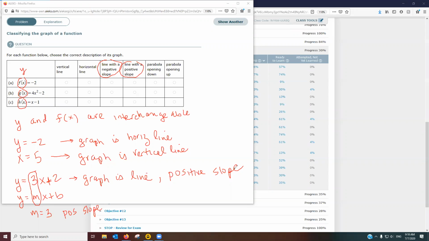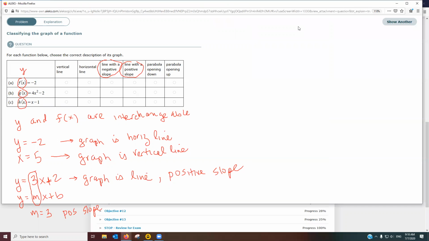Okay, let me do another example. How about if we had an equation like y equals negative 5x plus 7? Well, again, I'm going to compare this to y equals mx plus b. By the way, this is called the slope-intercept form of a line.